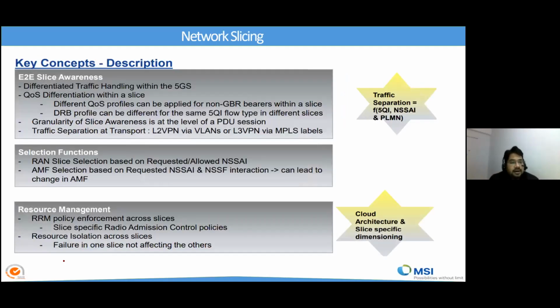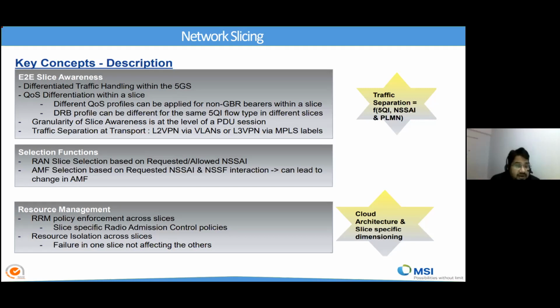Here is the next technical term, for example, end-to-end slice awareness. End-to-end slice awareness means that the UE or end device must be aware of what kind of slice is there, and whether the slice is only in the RAN part, or whether the slice is also extended to the transport part and the core part as well.